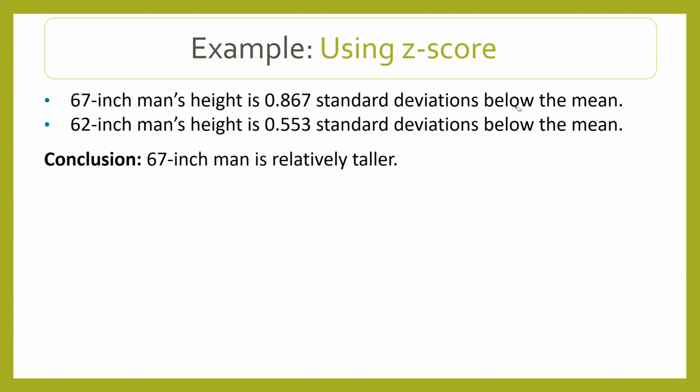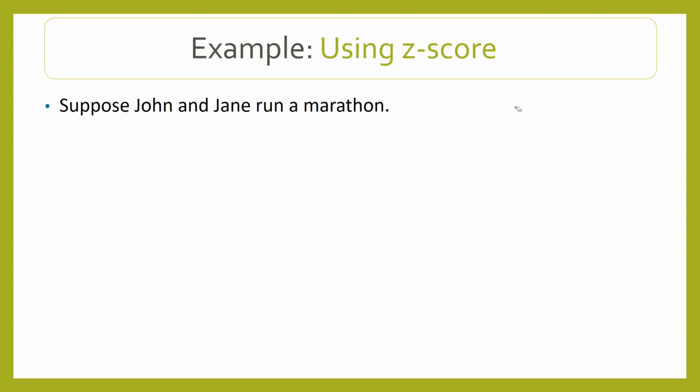One will wonder, okay, it's 67 inches tall, shouldn't it be taller? The 62-inch should be. Yes, but it is relative now. We have to be careful, and that's why I'm providing this example.